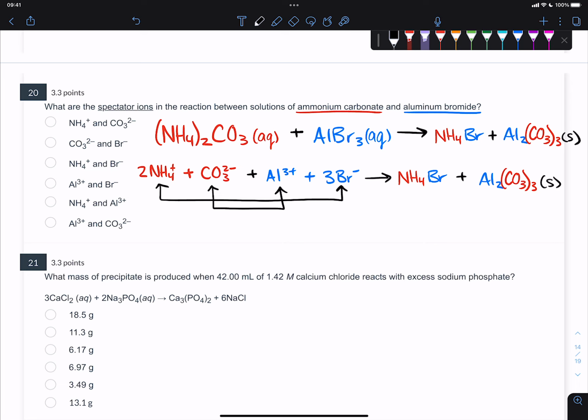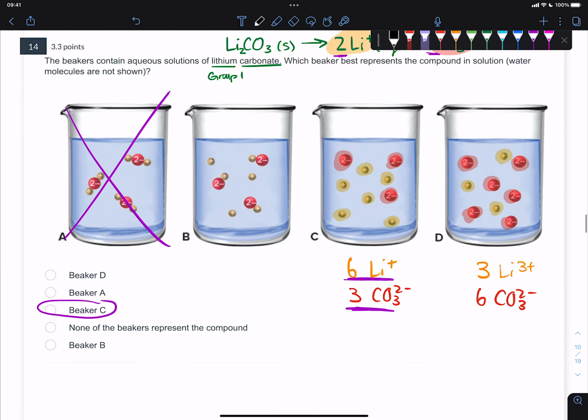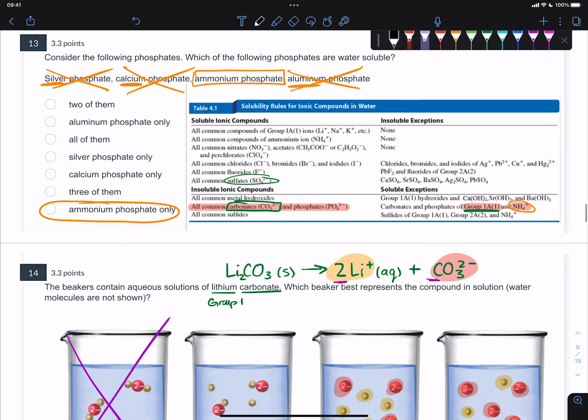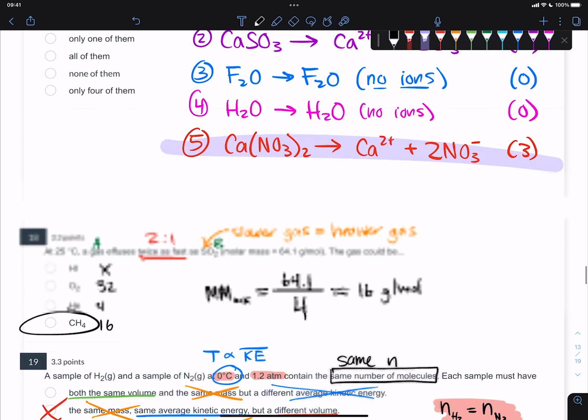But we need to verify that the NH4Br is going to remain aqueous. Looking back at our solubility rules, bromides are going to be soluble unless they're with some exception, but ammonium is not one of those exceptions.